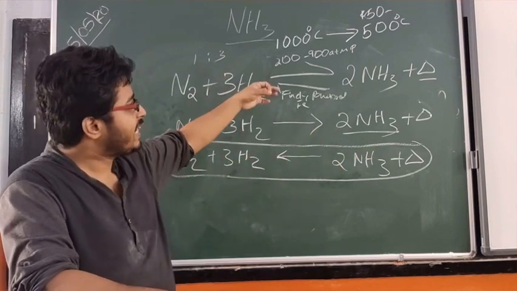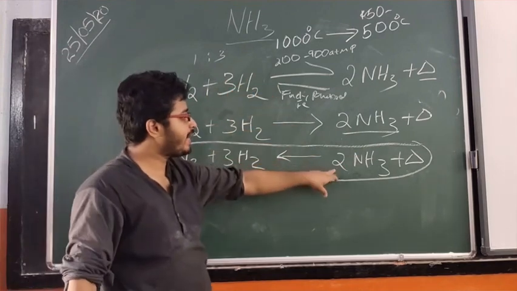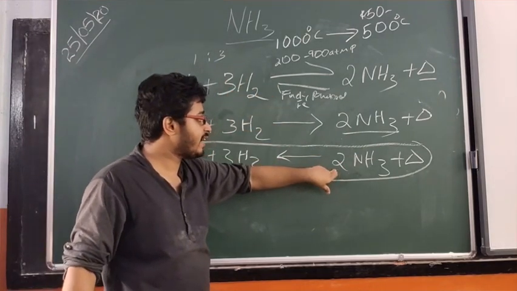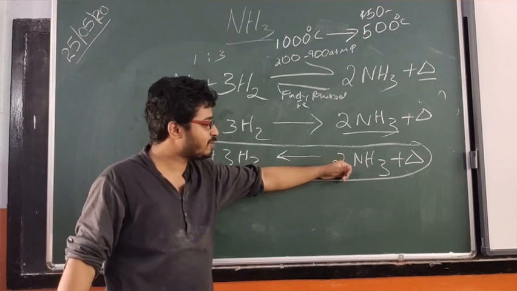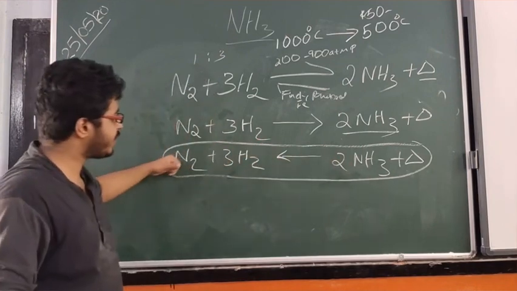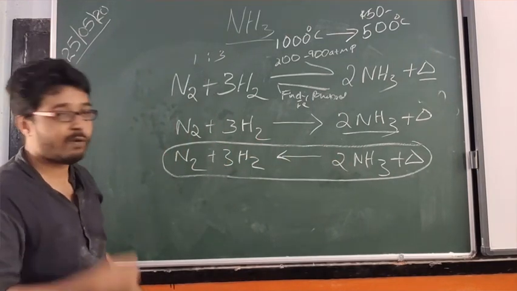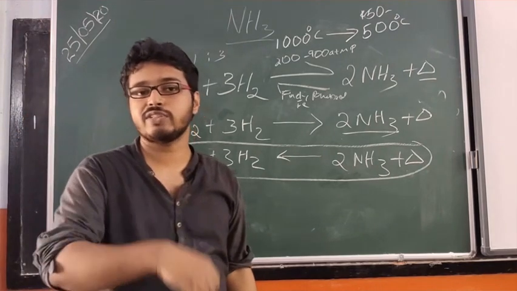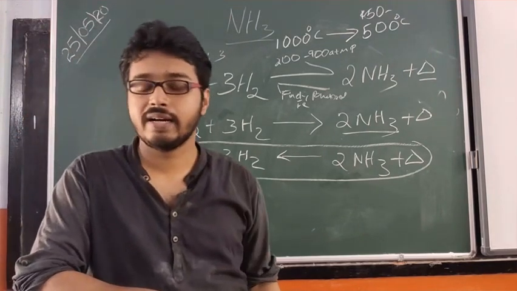So the 2NH3, or ammonia, produced here will decompose back into nitrogen and hydrogen. Ammonia in the catalytic chamber will decompose into N2 and H2.